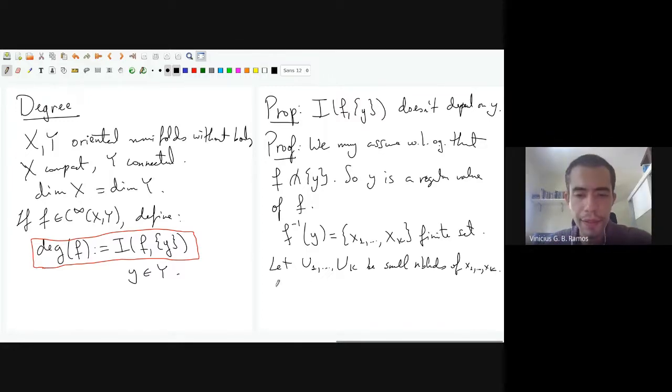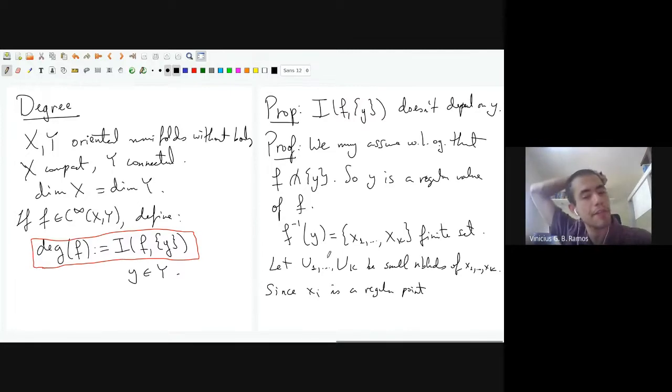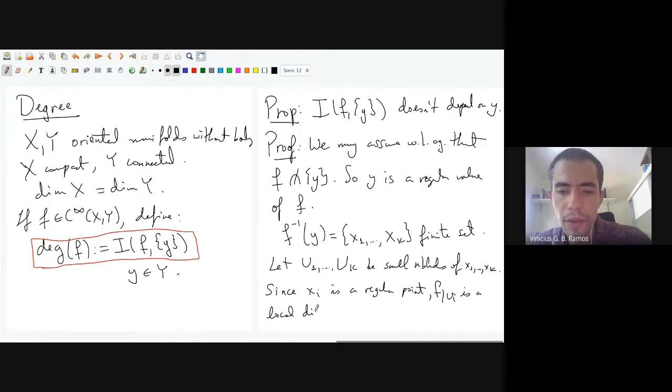And since each xi is a regular point, by the inverse function theorem, f restricted to Ui is a local diffeomorphism if Ui is sufficiently small.